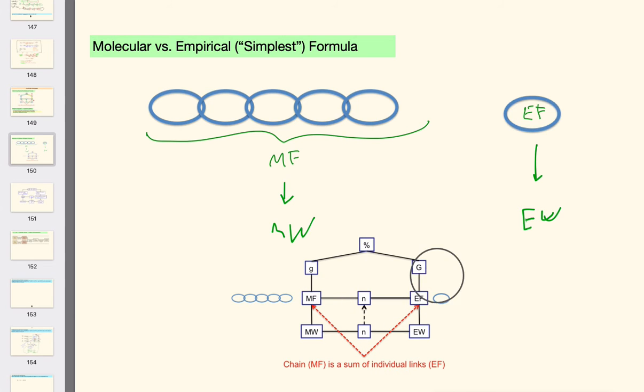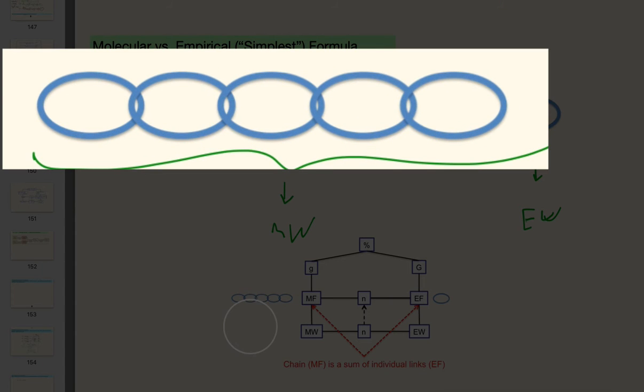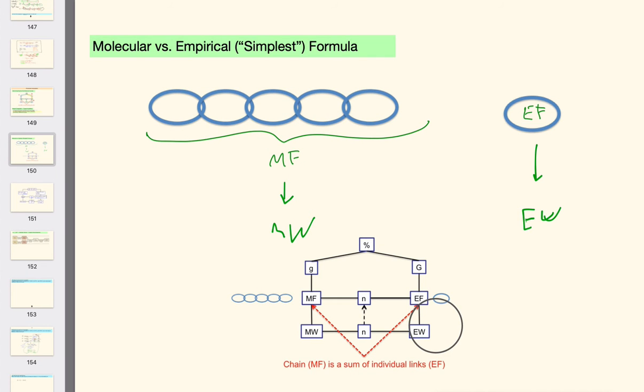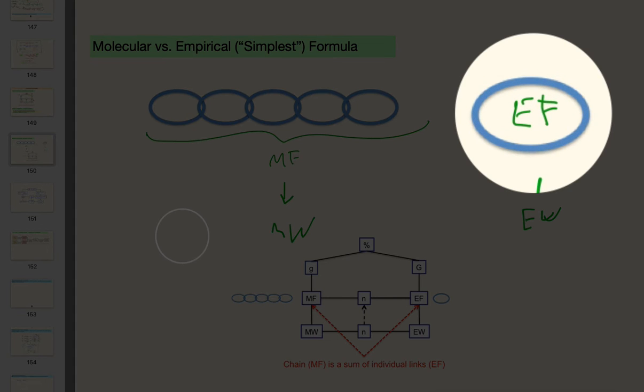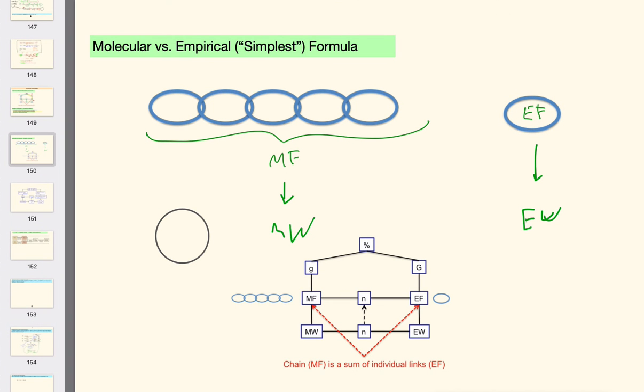Anytime I give you some of this information, that's your star, and anywhere you're headed on here is your box, and you're going to use the same type of logic. What I want to show you right here is the molecular formula. When we talk about molecular formula, we're talking about this chain link thing. When we talk about empirical formula, we're talking about just one of those chain links.